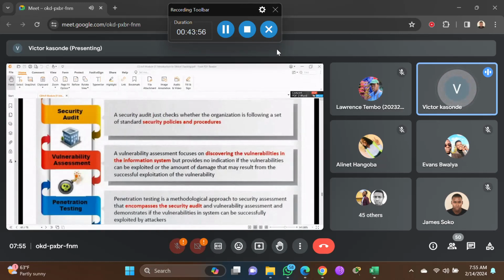It does not provide whether the vulnerability can be exploited, or the amount of damage that may result from successful exploitation. You don't know. Here you have just discovered that there is a vulnerability.